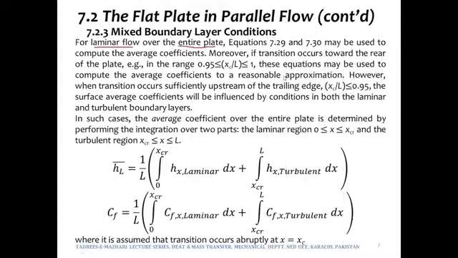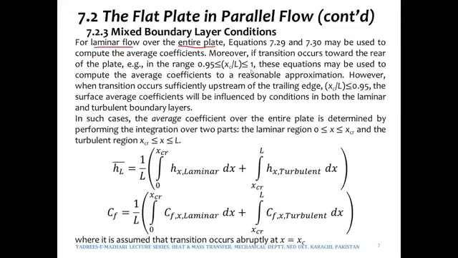Now it says that moreover, if the transition occurs towards the rear of the plate, means if x critical by L lies in the range 0.95 to 1, means if x critical is 0.95 L or near L. So if the transition occurs towards the end of the plate, for approximately 95 or 96% of the total length of the plate the flow was entirely laminar, and then transition occurred towards the very end of the plate.